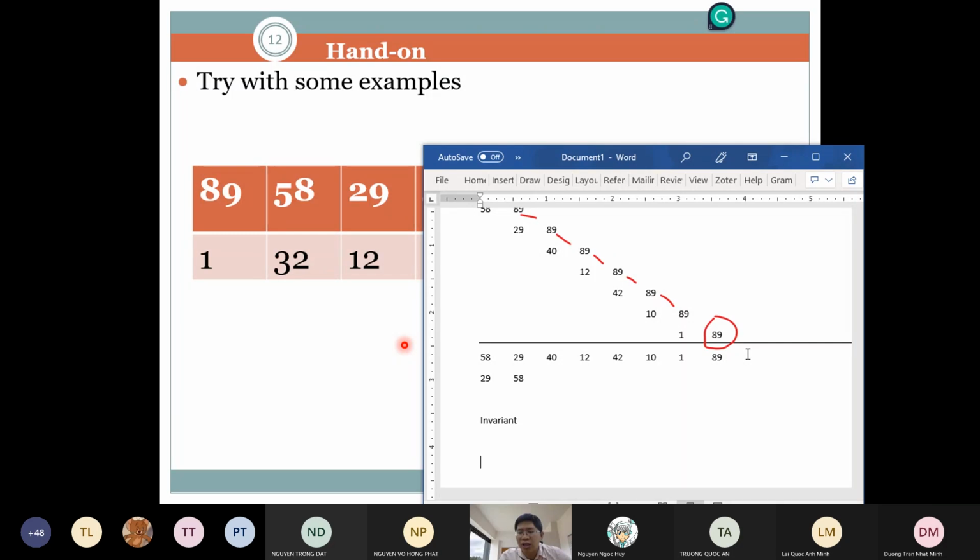Okay, this means that if we have an array of n elements, we have to do it roughly n times, because each time we move the biggest item to the correct position.